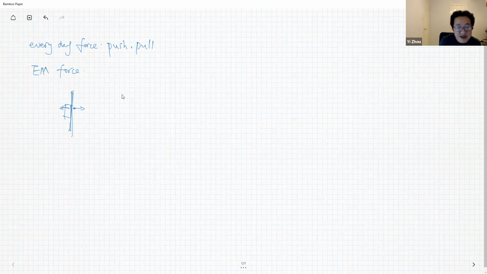Because if you think about it at the molecular level, this molecule is trying to compress that molecule, and that molecule will react on this molecule. How the molecules keep their shape is because of the EM force, the electromagnetic force: there's an electron circling around and a nucleus in the center.